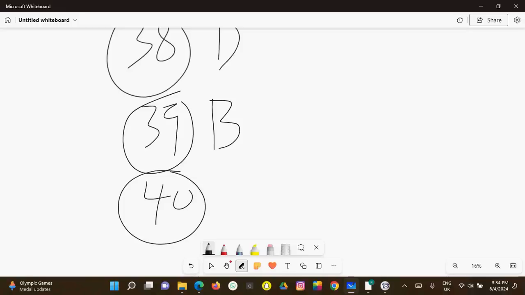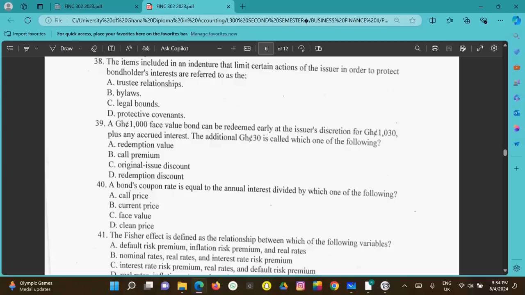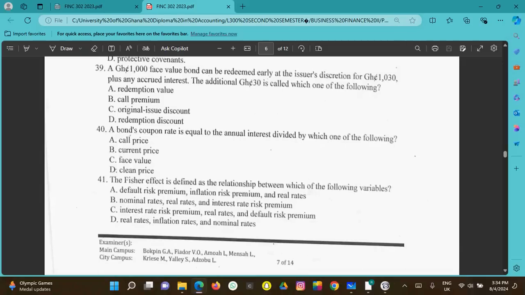Question 40. A bond's coupon rate is equal to the annual interest rate divided by which of the following? This is the face value. Number 40 is the face value, right?